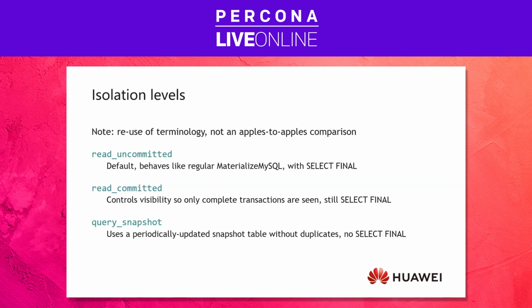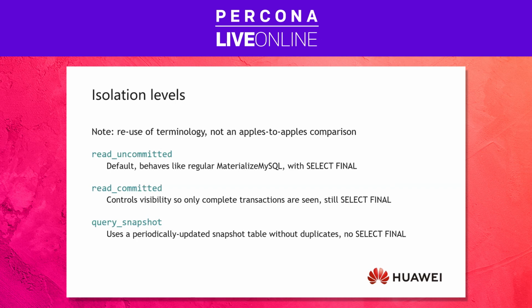That doesn't mean that you see the data in the buffer. You might see rows that are from a transaction that has not yet been committed. And like I said, that is how MaterializeMySQL works today. And then you have read committed, which hides partial transactions from you, but it's still using final.